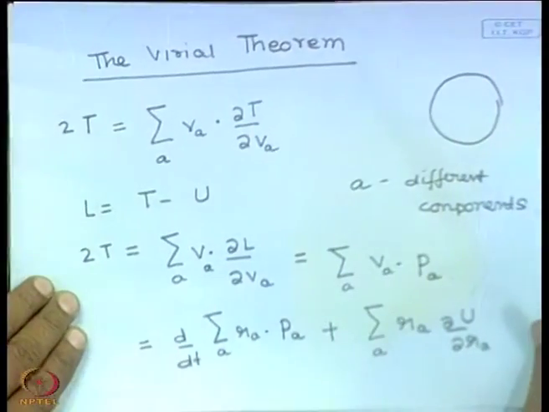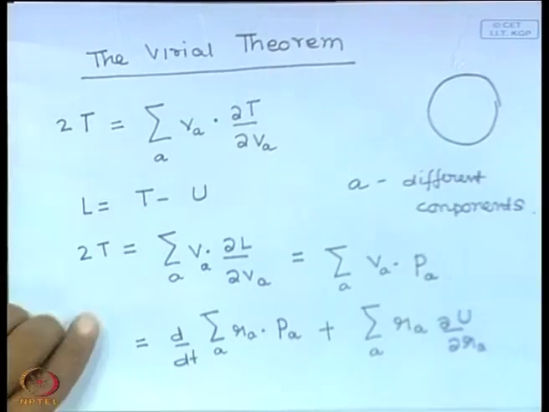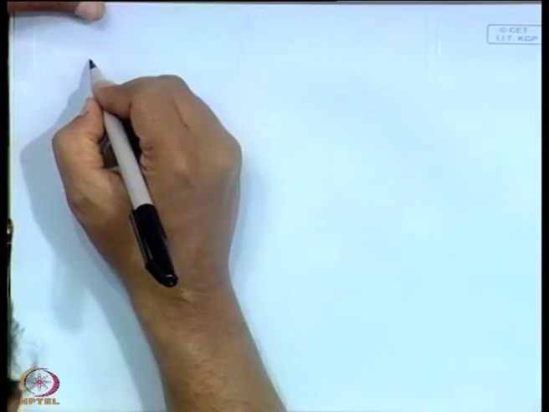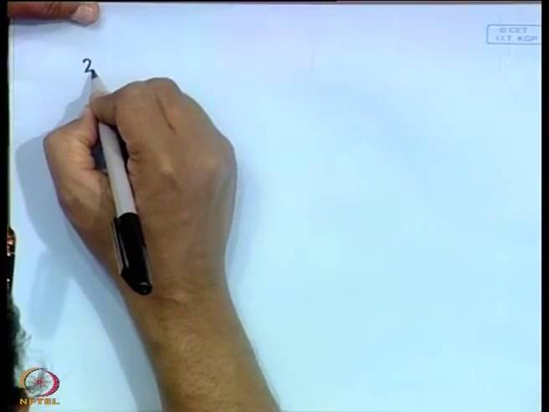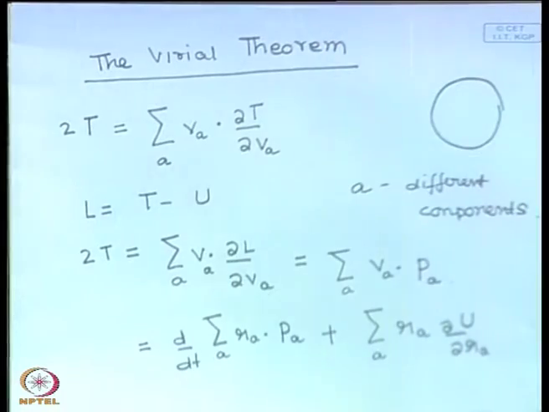So, here we are interested in calculating the time average of the kinetic energy, twice the kinetic energy, to be precise. So, we would like to calculate this, 2 T bar. Okay. Now, let us look at these two terms. There are two terms over here.